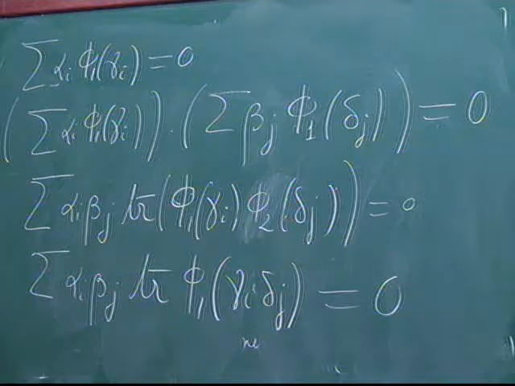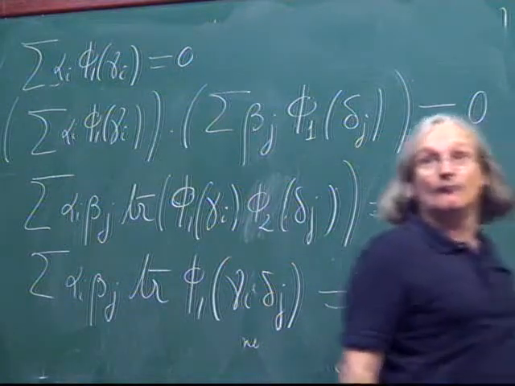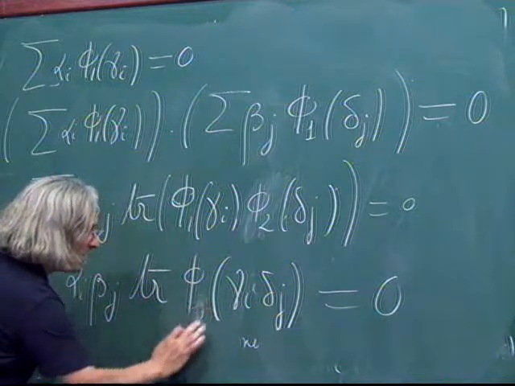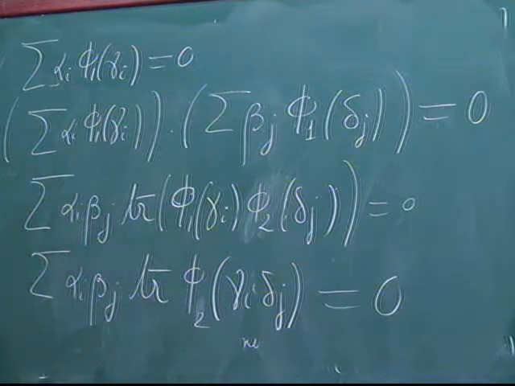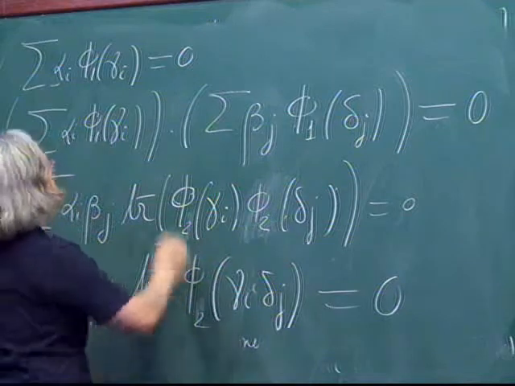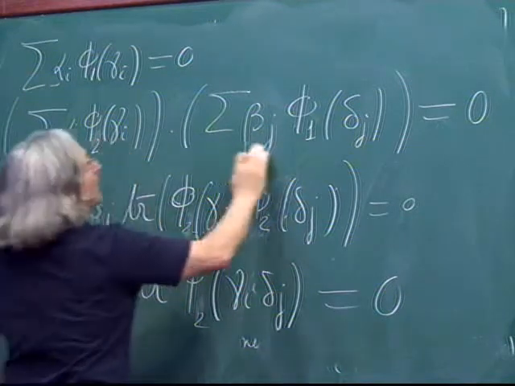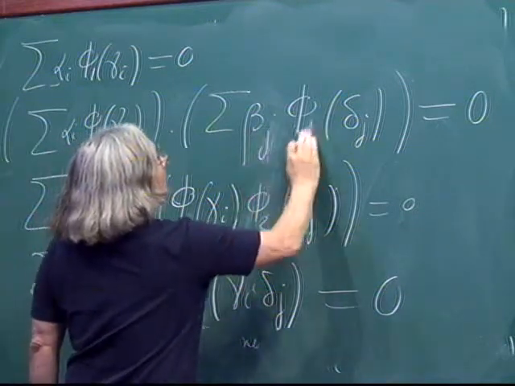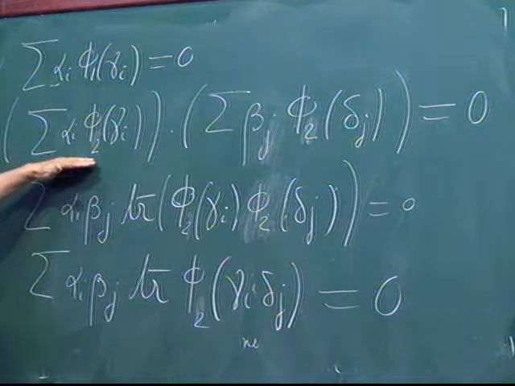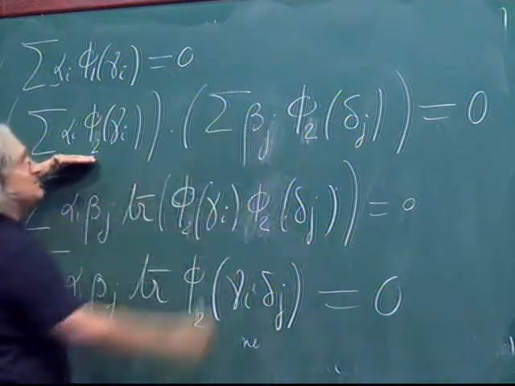Now I can use the assumption. The assumption is that traces are the same for phi 1 and phi 2. So this quantity here is equal to the same where I replace 1 by 2. So this quantity is 0 for all choices of beta j.